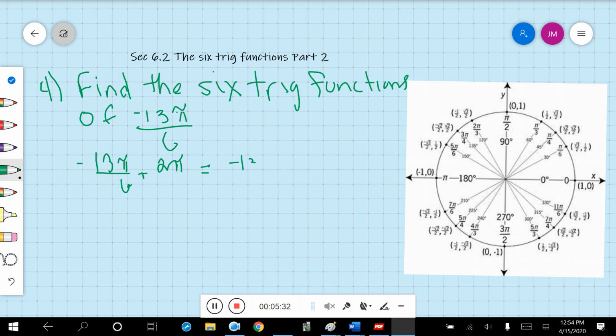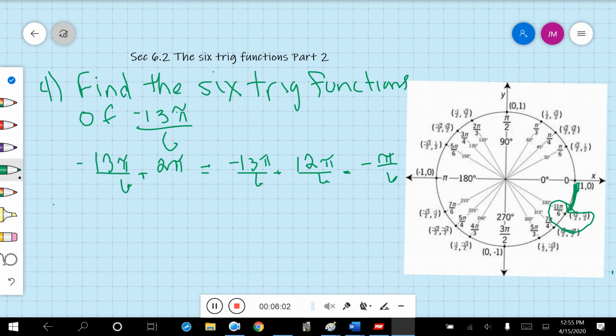So this would be negative 13 pi over 6 plus 12 pi over 6, which would be negative pi over 6. Now you could look at negative pi over 6 as 11 pi over 6, because those are coterminal, or you could add 2 pi again and you get 11 pi over 6.